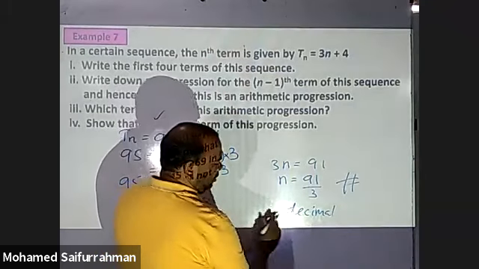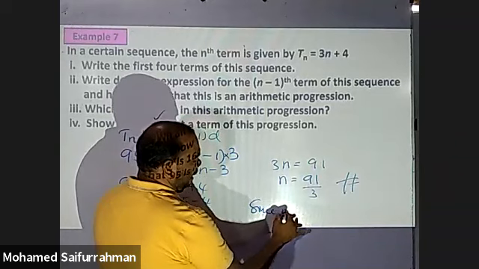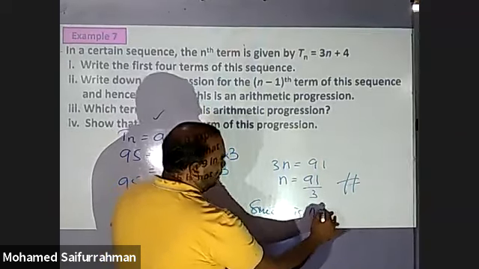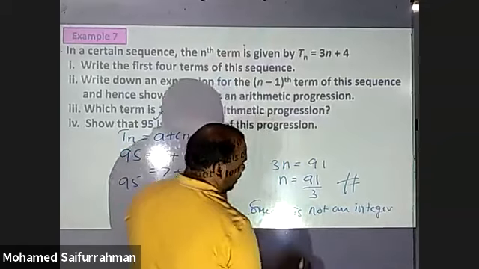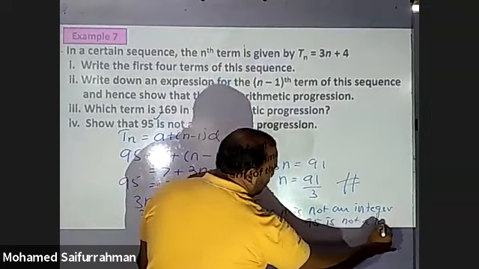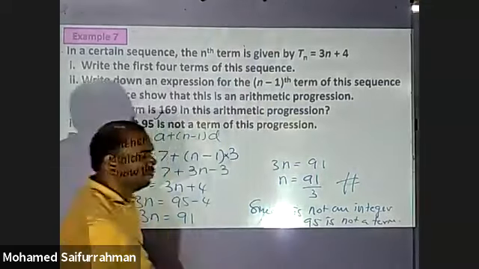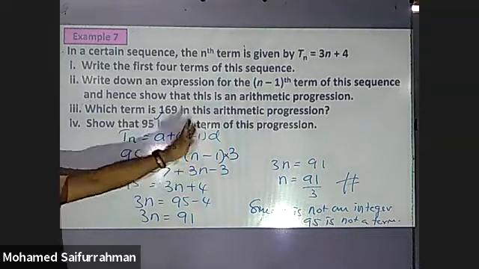Therefore, since n is not an integer, 95 is not a term. Since n is not an integer, this cannot be a term of this progression.